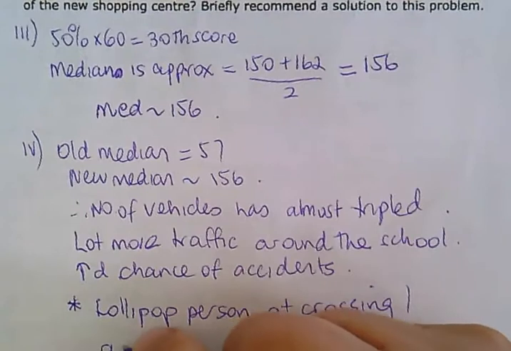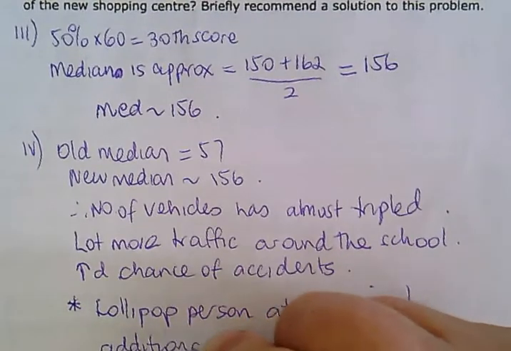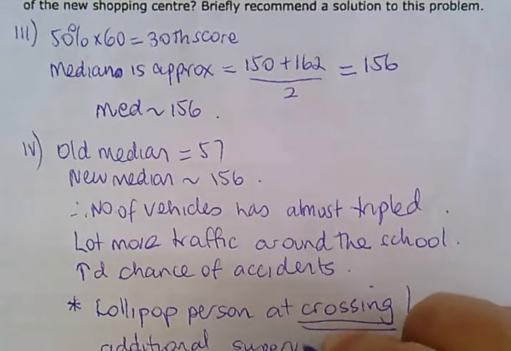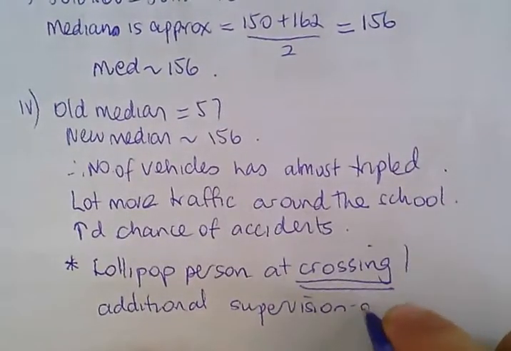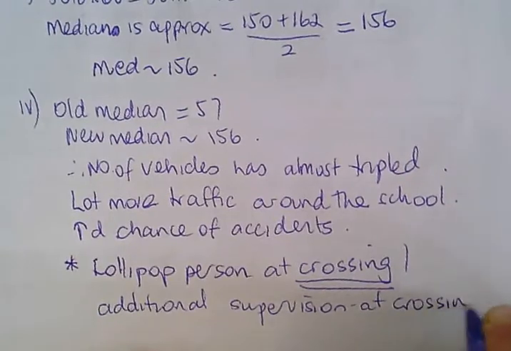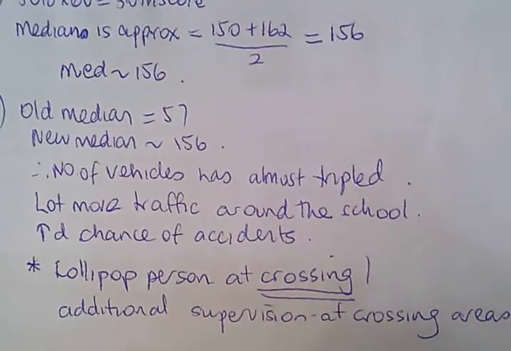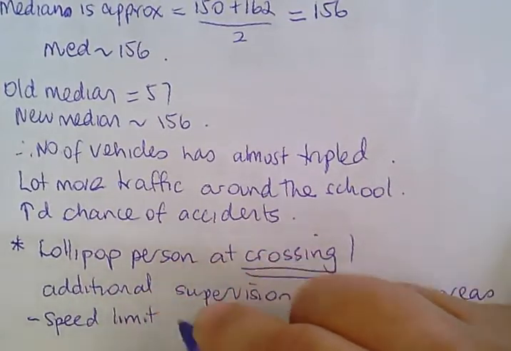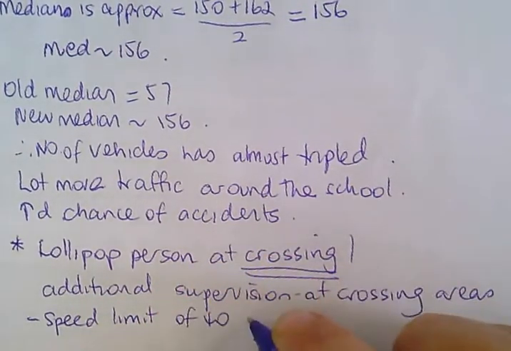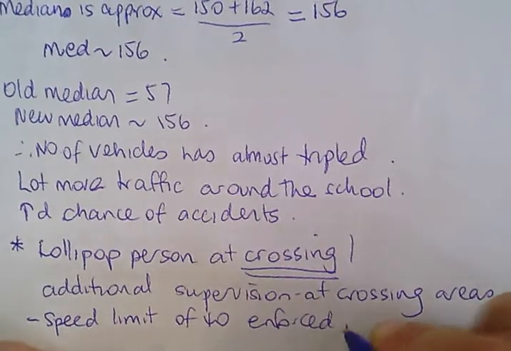Lollipop person at crossing, additional supervision around the school at crossing areas. And of course, you'd have to make sure that the speed limit is enforced. Speed limit of 40 must be enforced. Okay.